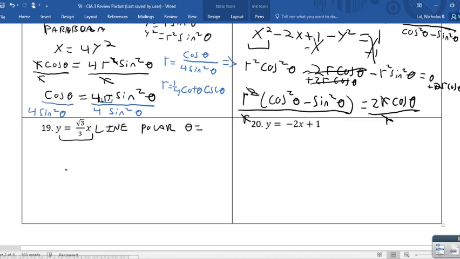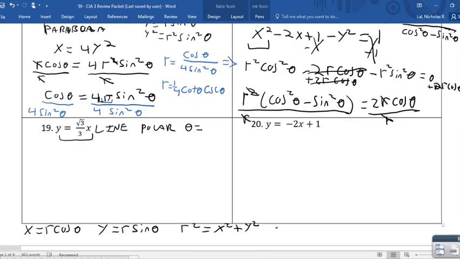All right. So if y is equal to root 3 over 3 times x, what we can do is manipulate our polar formulas, which, as a reminder, our polar conversion formulas are going to be x is equal to r times the cosine of theta, y is equal to r times the sine of theta, r squared is equal to x squared plus y squared.